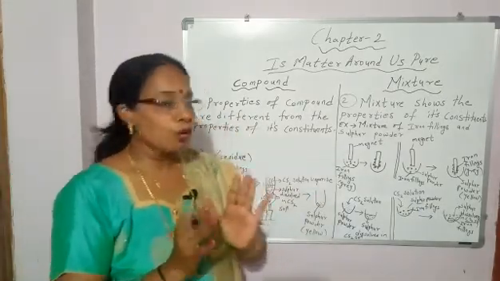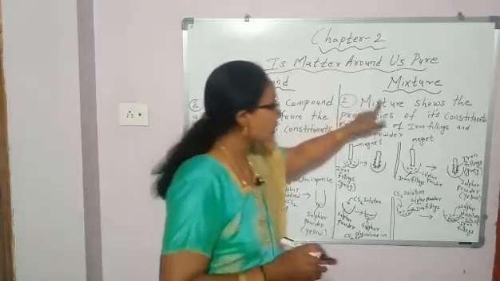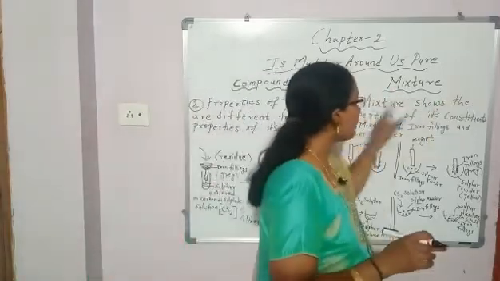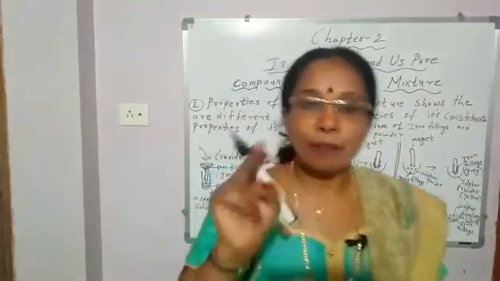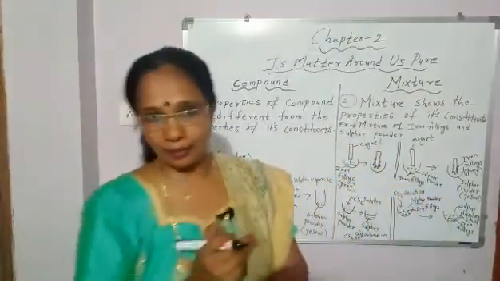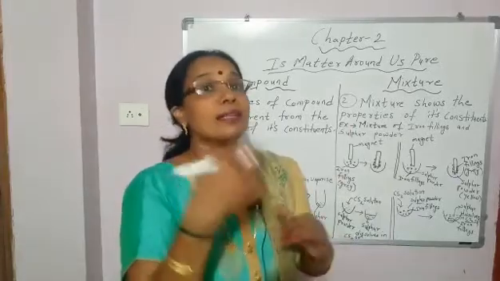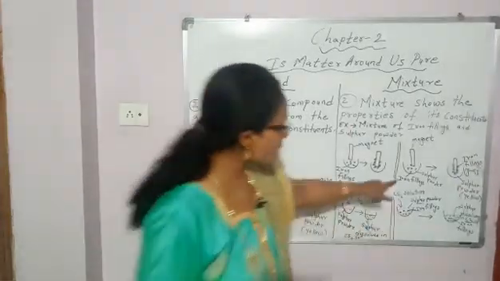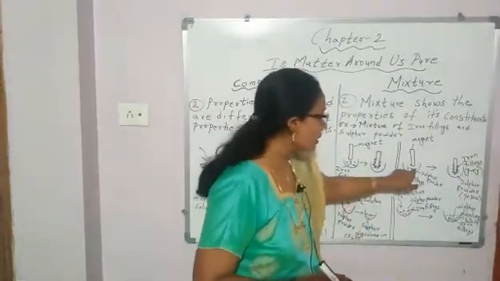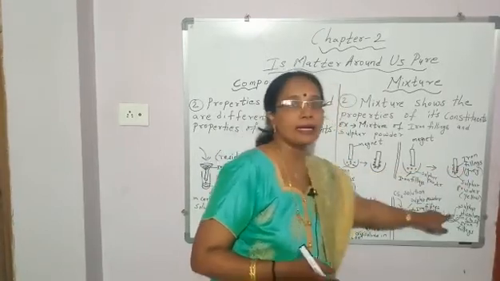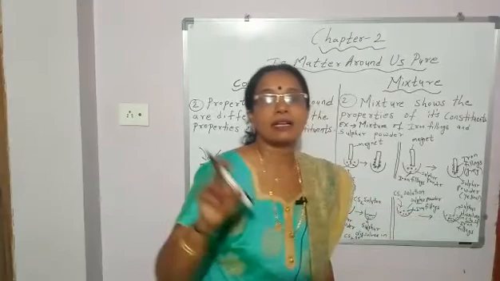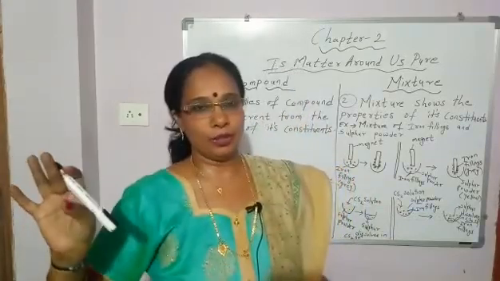So what is the second property you studied? Mixture shows the property of its constituent. Related to this, what is the third property? The constituents of mixture can be easily separated by simple physical method.